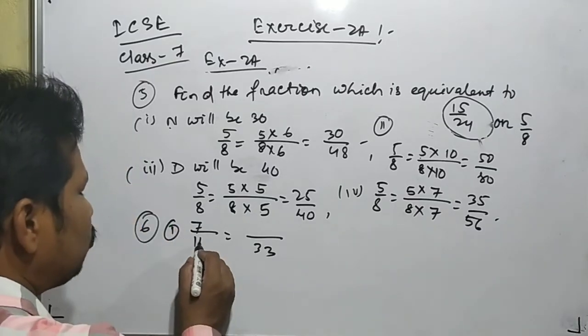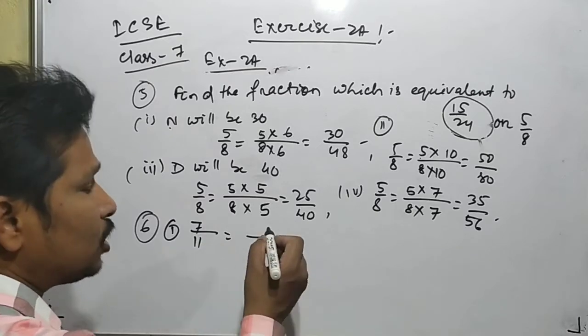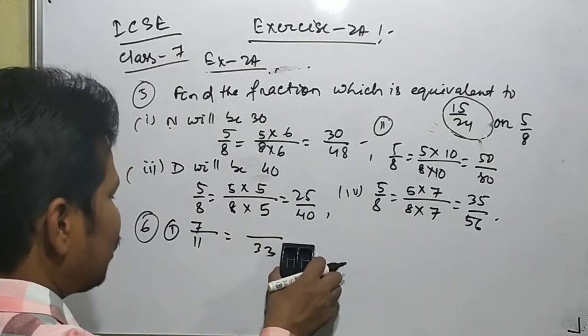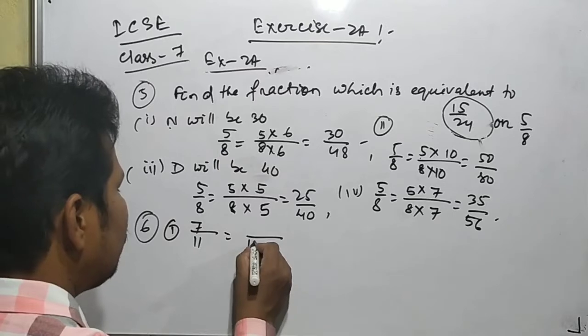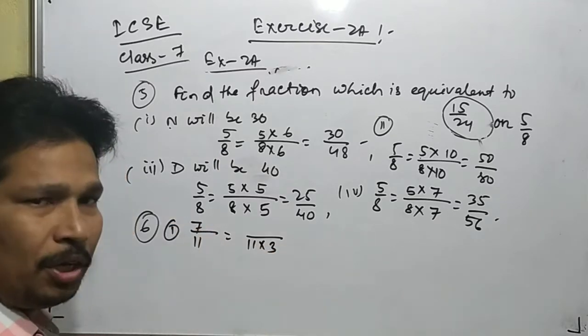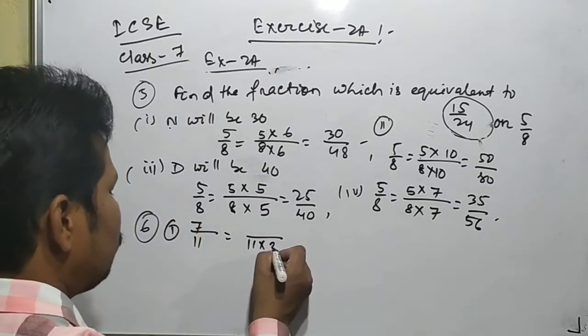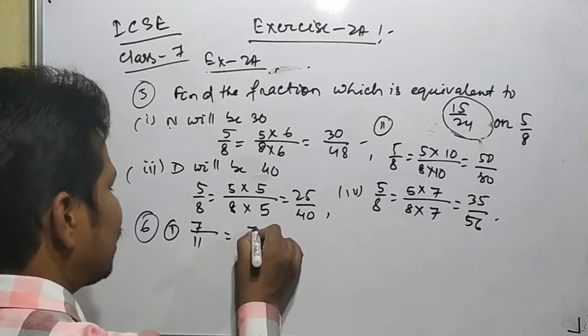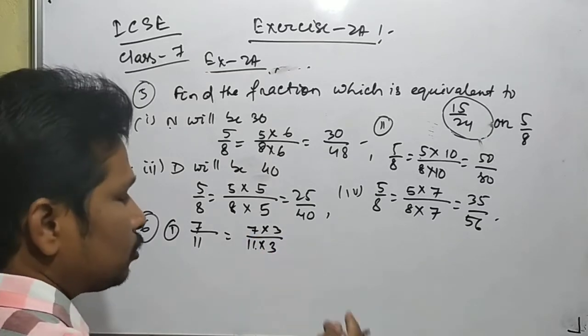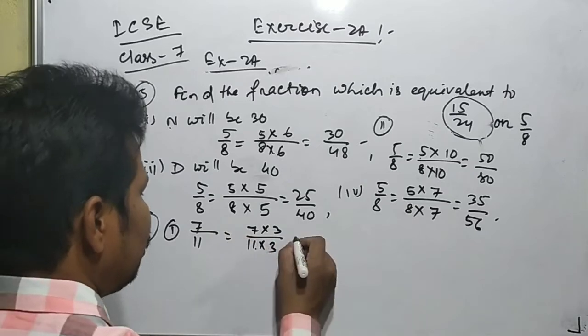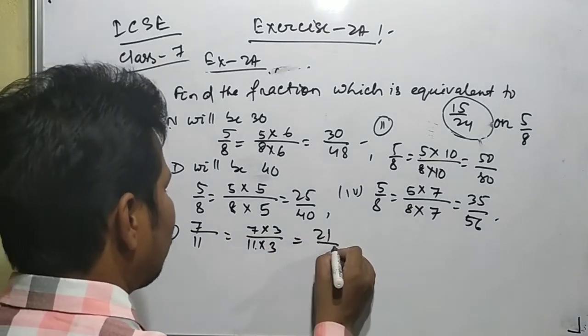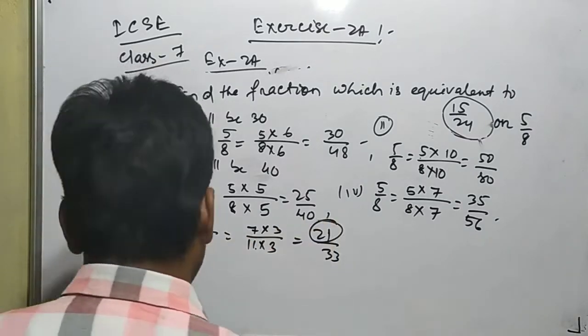What number will you multiply with 11 so that the result will be 33? Definitely if you multiply 11 with 3, then it will be 33. So if you multiply 3 with the denominator, 3 also will be multiplied with the numerator. So 7 into 3 gives 21 by 33. So our answer is 21.